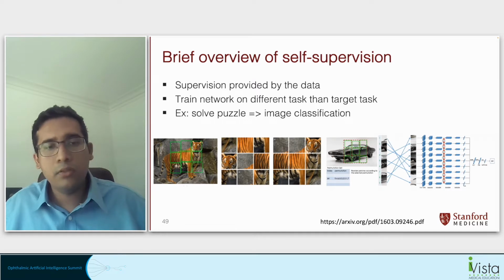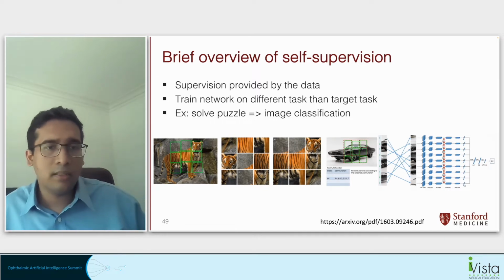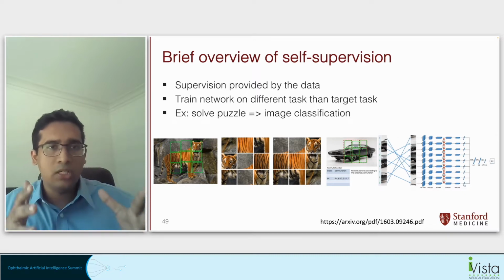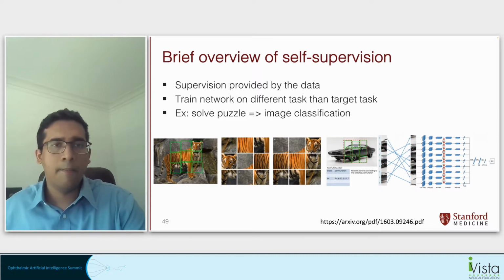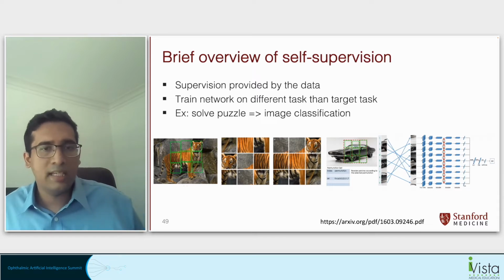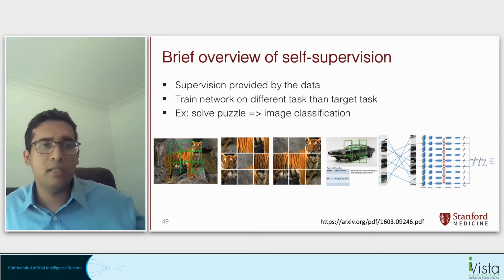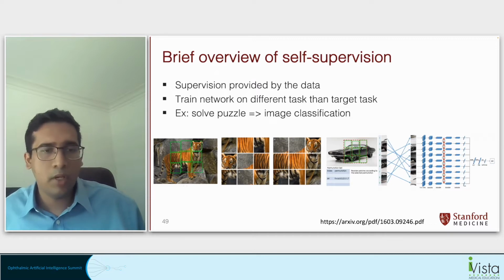By learning to solve this puzzle, the model is learning subtle intricacies and characteristics of this image. Then the weights can be transferred to a secondary model that does a secondary task like image classification. Since the model already has learned a lot about different imaging characteristics, it picks it up more easily, and we need less data all around.